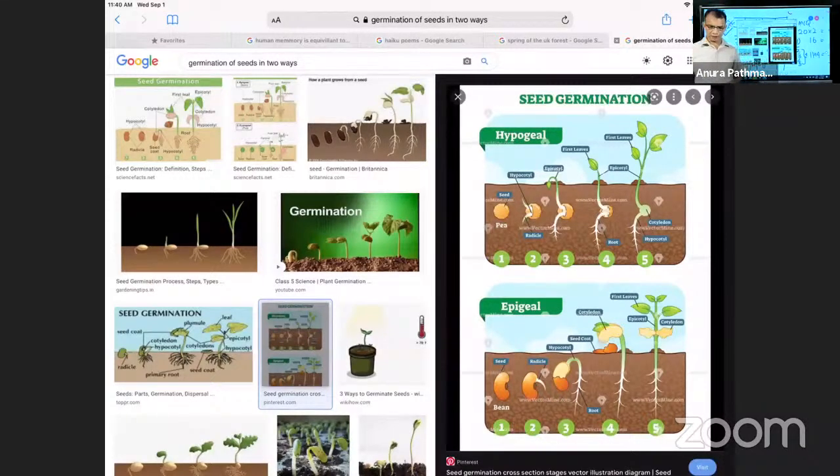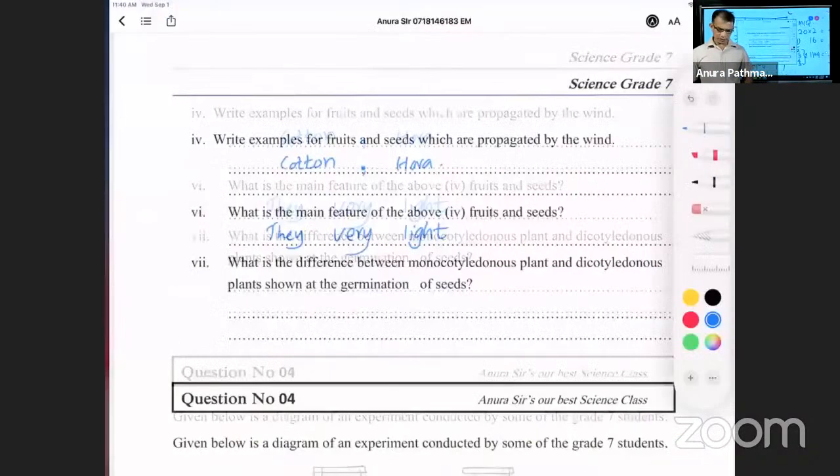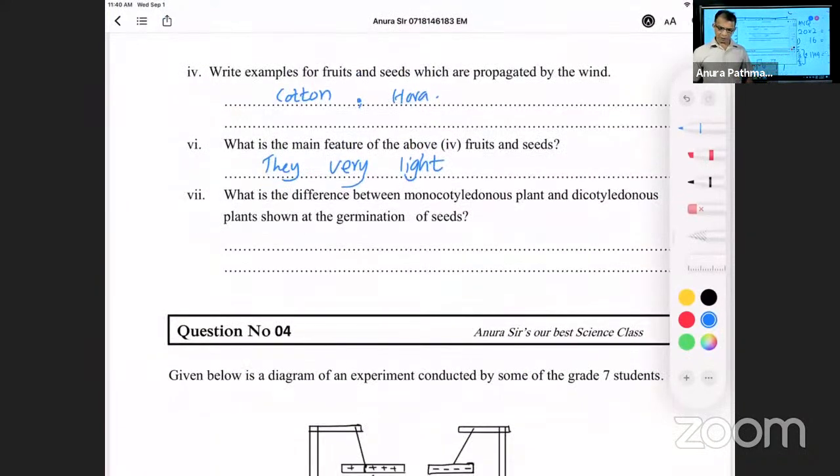Remember those 2 words, hypogeal and epigeal. So what is the question? What is the difference between monocotyledonous plants and dicotyledonous plants shown in the germination of seed? The answer is monocotyledonous, monocot.